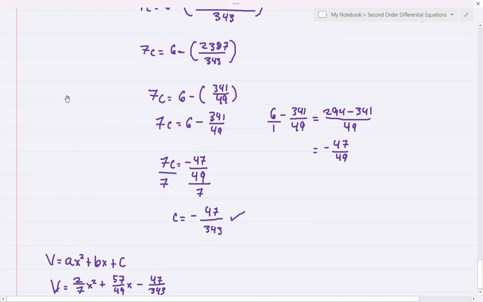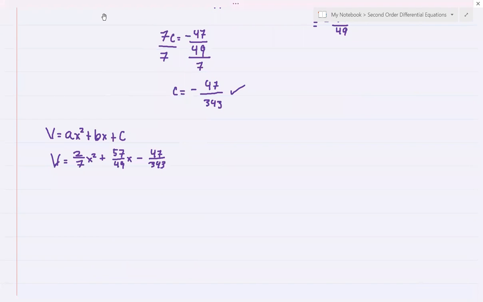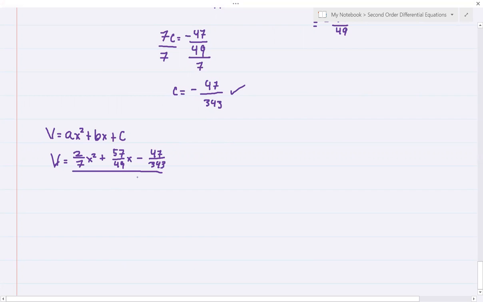So that is your V function. However, you can still simplify this one, because these terms are all divisible by 1 all over 7.